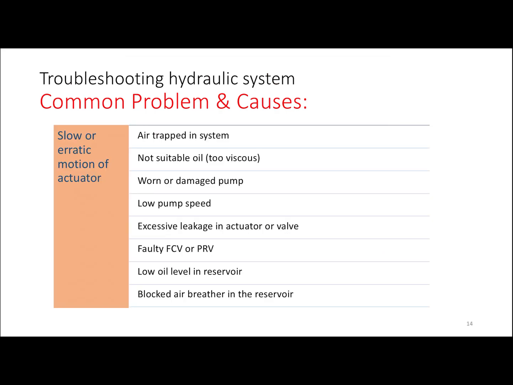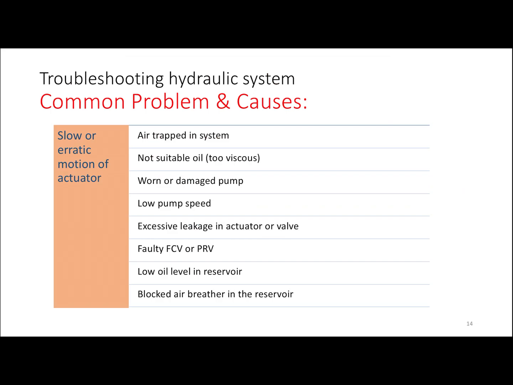Another problem in the actuator is that it can move but with slow or erratic motion. Several causes for this problem. First, if there is air trapped in the system, so the pressure is lost in the system.